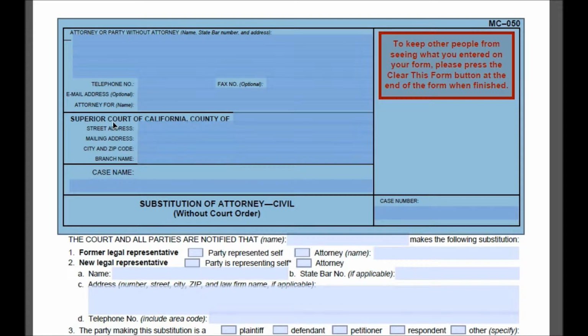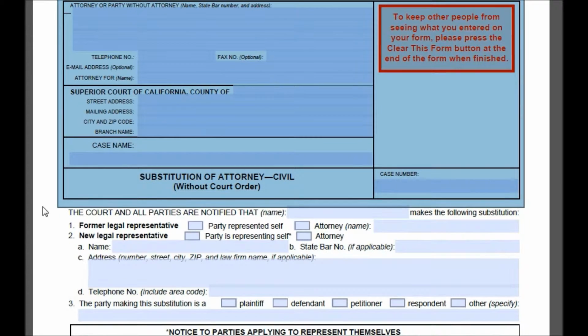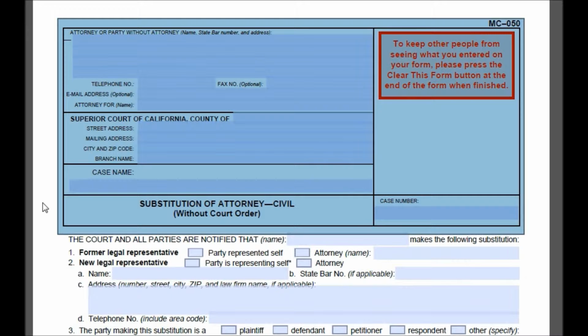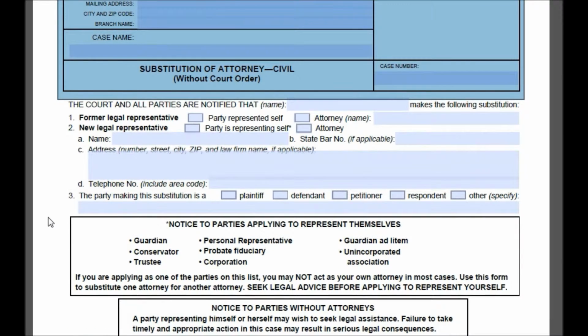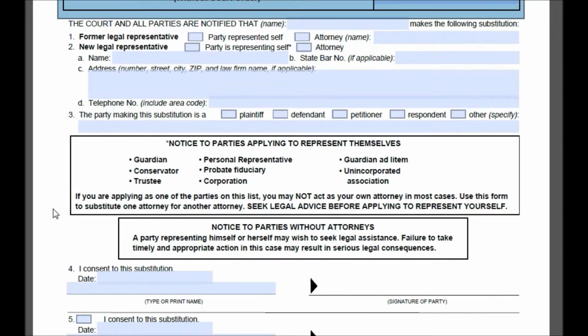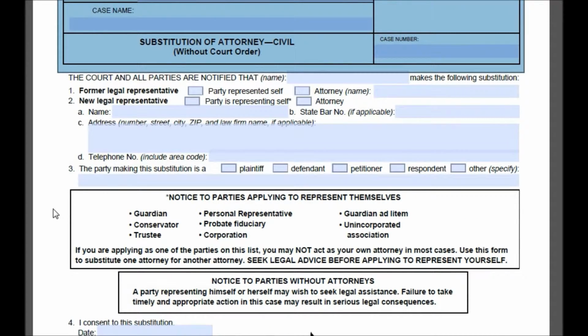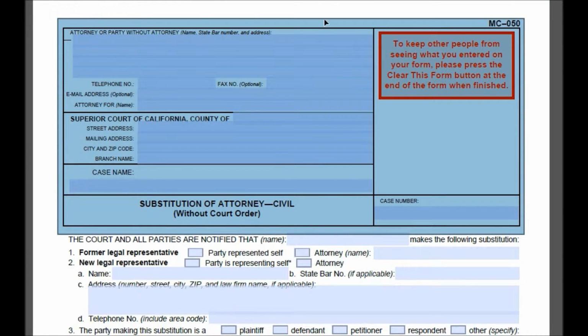I'm also going to put out a form for the situation where you substitute one attorney off and add another one in their place. That one is also fairly common. This same form covers all three situations, but a lot of times people get really nervous when they have to fill this out, and they don't want to fill it out wrong. So anyway, that's the first section.